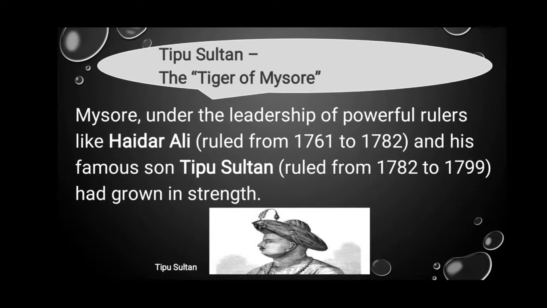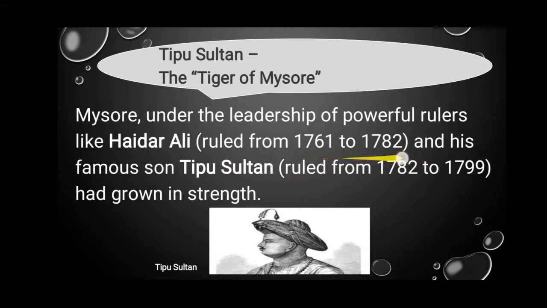Next, we are going to see about Tipu Sultan. Tipu Sultan is called the Tiger of Mysore. Mysore was under the leadership of powerful rulers like Hyder Ali, who ruled from 1761 to 1782.